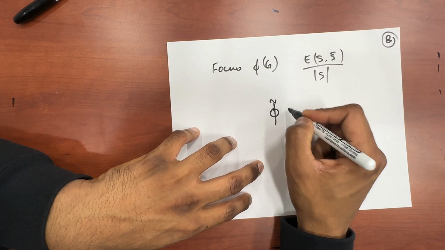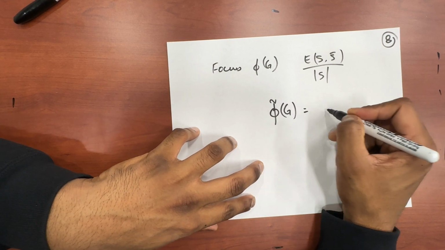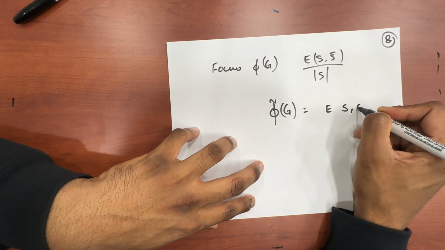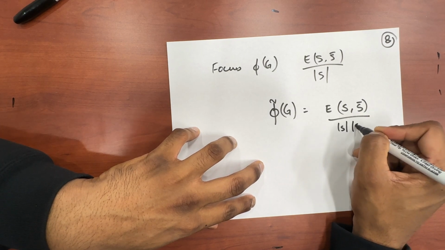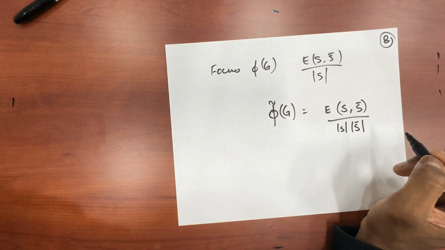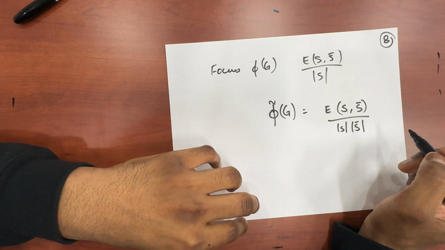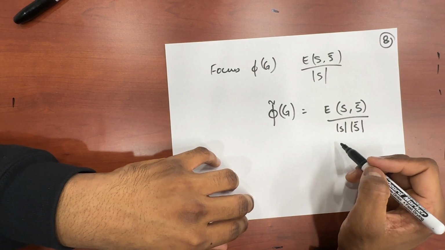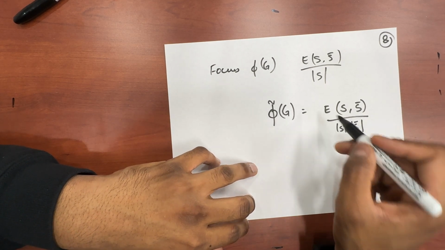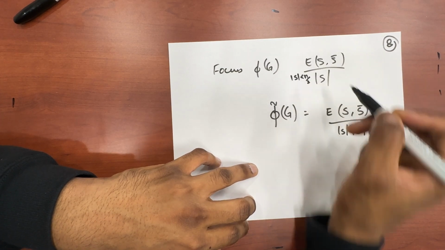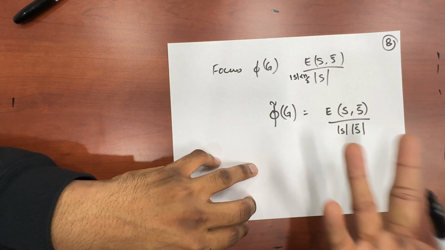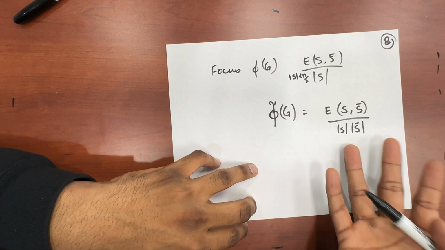Let me just say it. Phi tilde is the number of edges that run between S and S bar divided by the size of S times the size of S bar. So now by using this notion, we can actually remove the constraint that S has to be less than n over 2, because now this thing is symmetric.